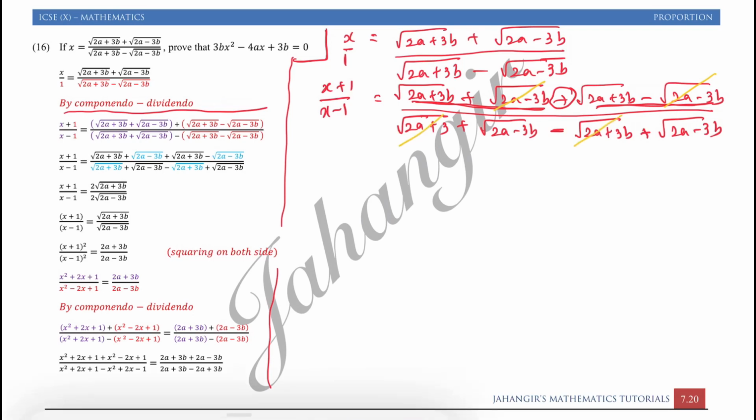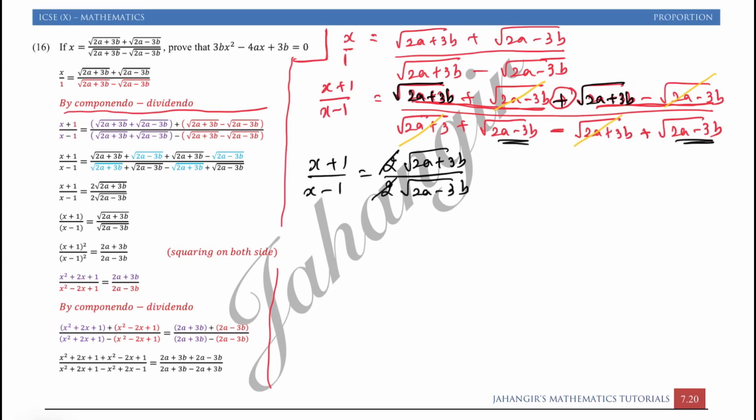You will get x plus 1 upon x minus 1 is equal to root of 2a plus 3b plus root of 2a plus 3b, that is equal to 2 root of 2a plus 3b. In the denominator we will add these two, so you can get 2 root of 2a minus 3b. 2 and 2 will get cancelled.